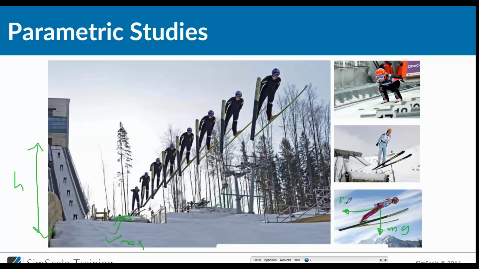And this is very important: the ski jumper himself is generating a force we call lift. It's, by the way, the same force which makes the airplane fly. And in the end, these three forces are describing the path, the trajectory of the ski jumper.